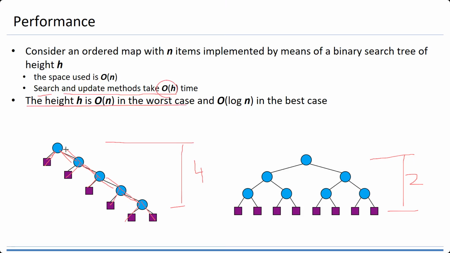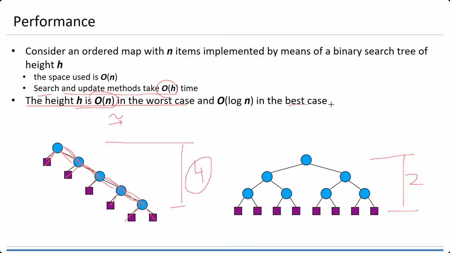So if we have something like this, 1, 2, 3, 4, then in the worst case it will be O(n). Not exactly n, but it is approximately n. That's why we call it O(n).